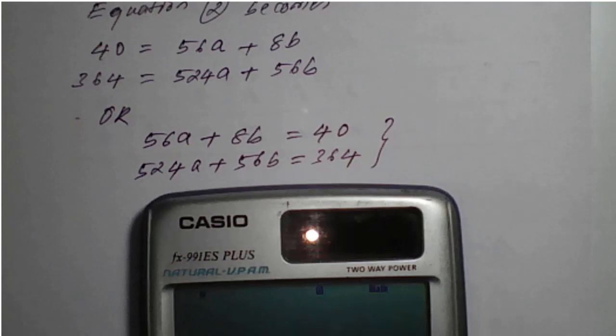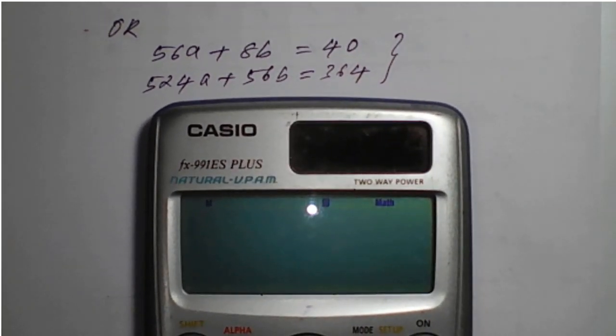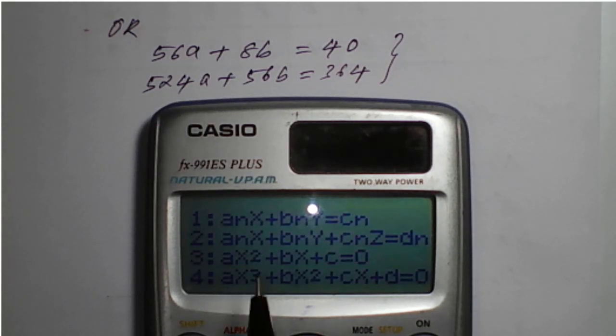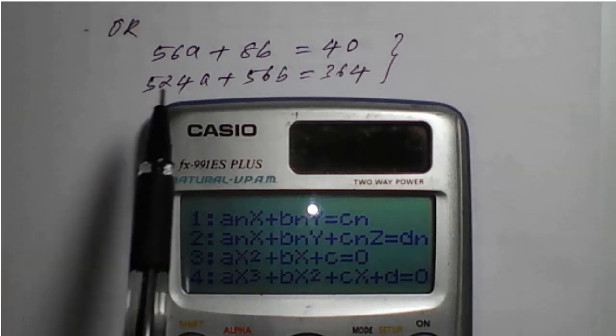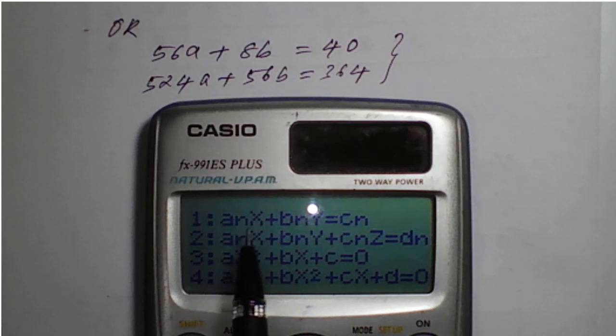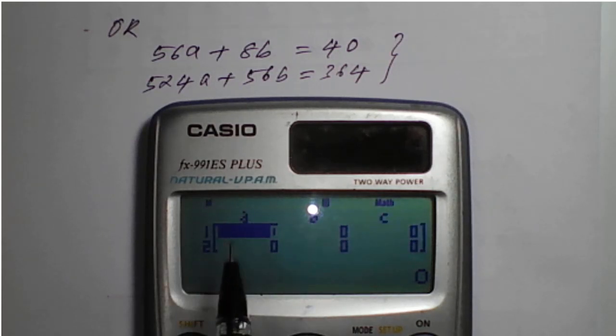So we'll see how to use the calculator for this. Set the mode of the calculator to equation: press mode, then press 5, which belongs to equation. Then check that we have two constants, a and b, so you choose the option for two unknowns. You will find a, b, c, three values.